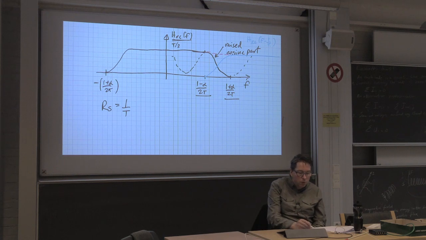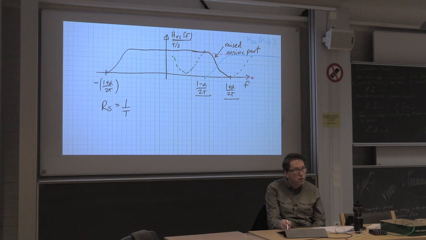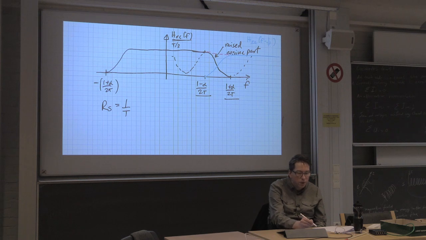To repeat, the spectrum of the raised cosine pulse is a constant until a part where there is a cosine that takes it down to 0, and then it's 0 for all frequencies. The maximum frequency is this one. So what is the bandwidth of this pulse?